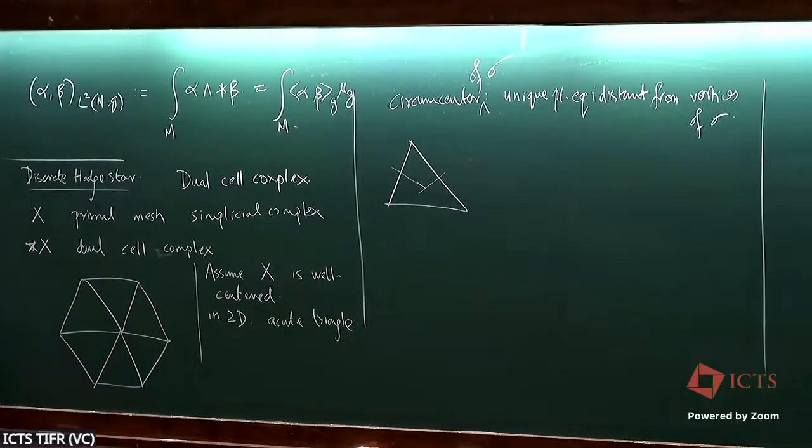And you first do a subdivision by finding the circumcenter of every simplex in this, including the edges, and think of the center of a vertex as the vertex itself, the center of every edge, and the center of every triangle, the circumcenter. You can do this duality construction using other points like barycenters.